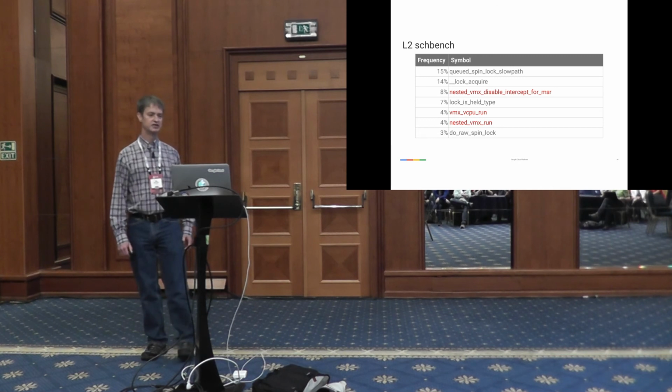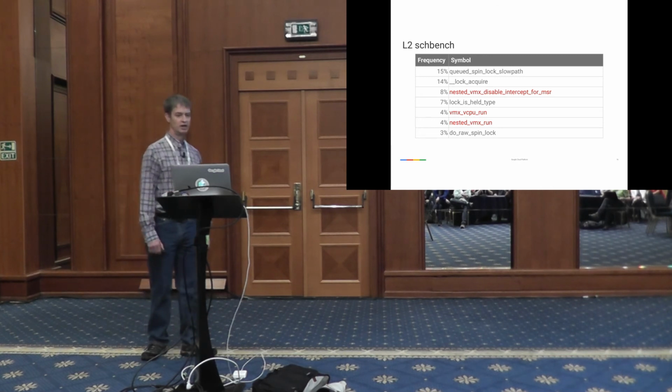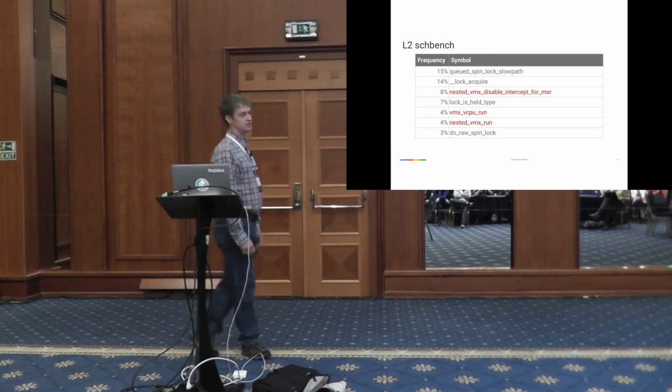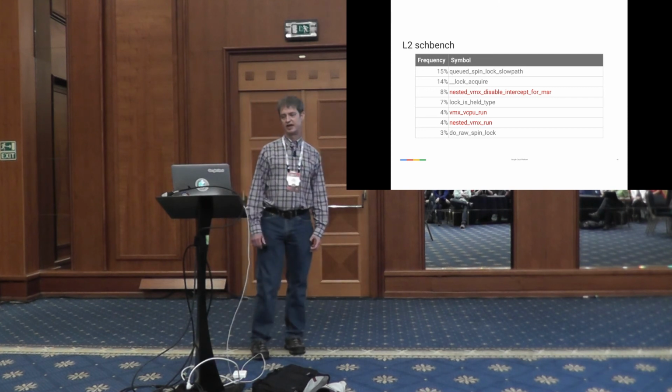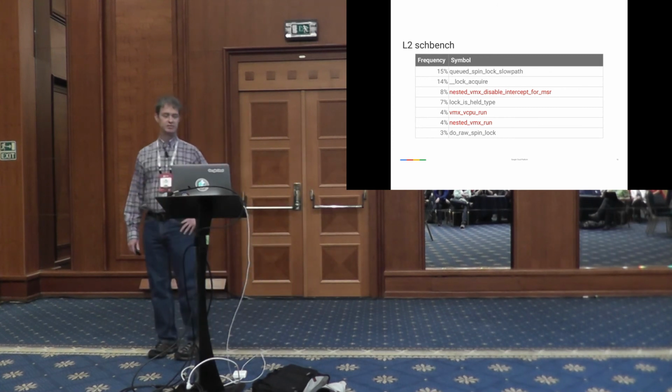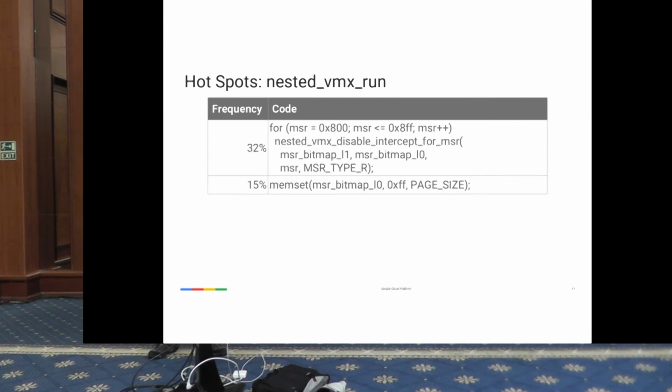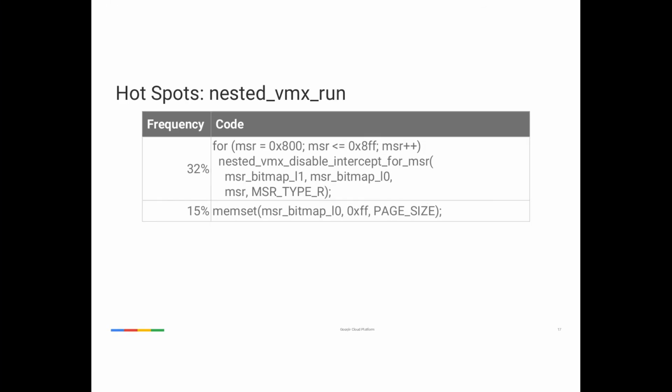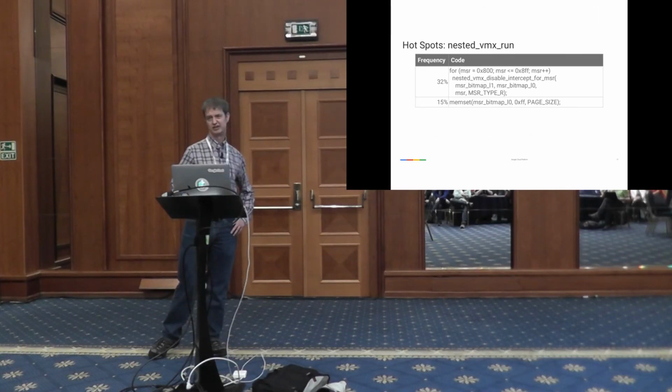So I wanted to look at those in a little more detail. And so I used perf annotate to take a look at those particular functions. And we look at nested VMX run. I skipped nested VMX disable intercept for MSR, because I think that should just hopefully go away completely.